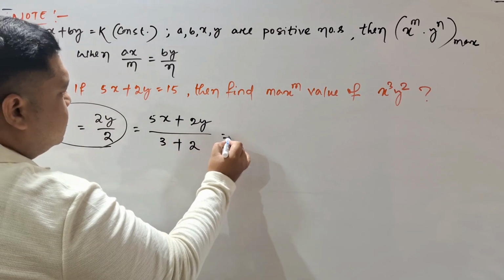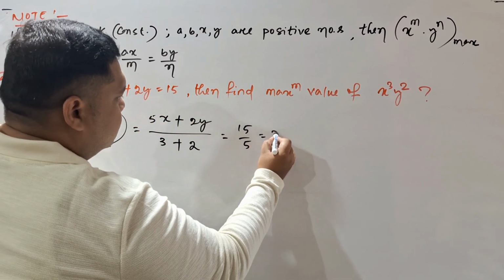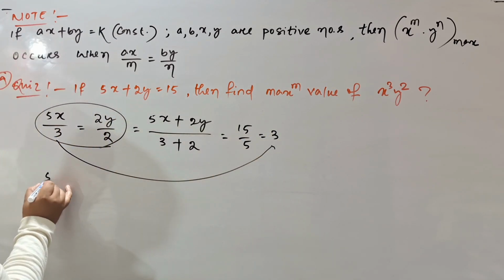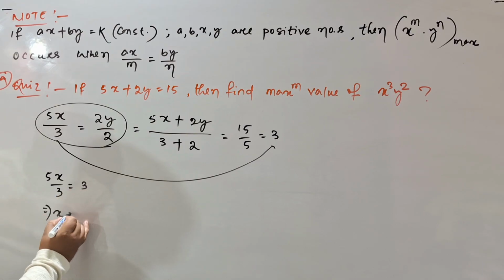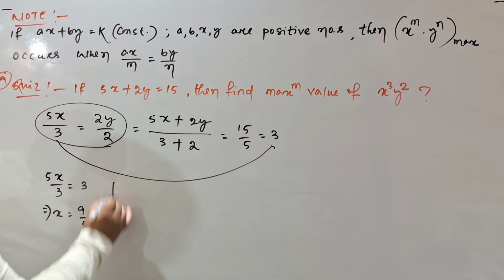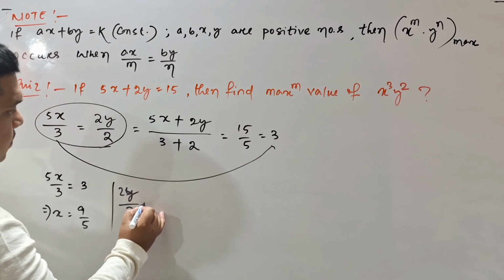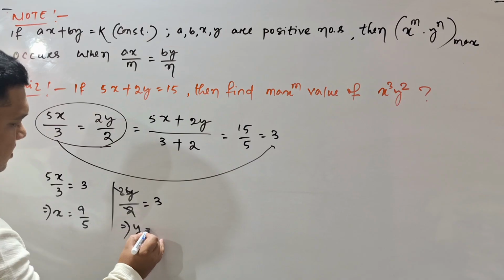This value is given as 15, so 15 by 5 is equal to 3. So 5x by 3 is equal to 3, so x is equal to 9 by 5. Similarly, 2y divided by 2 is equal to 3, the 2 gets cancelled, y is equal to 3.